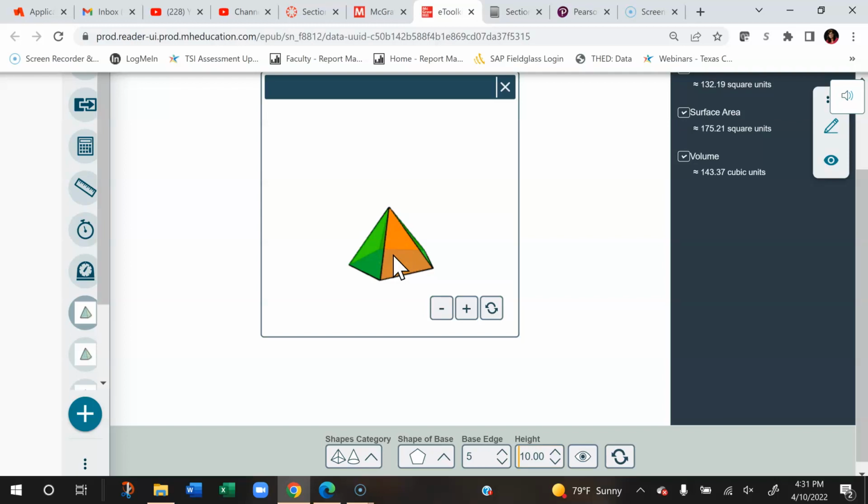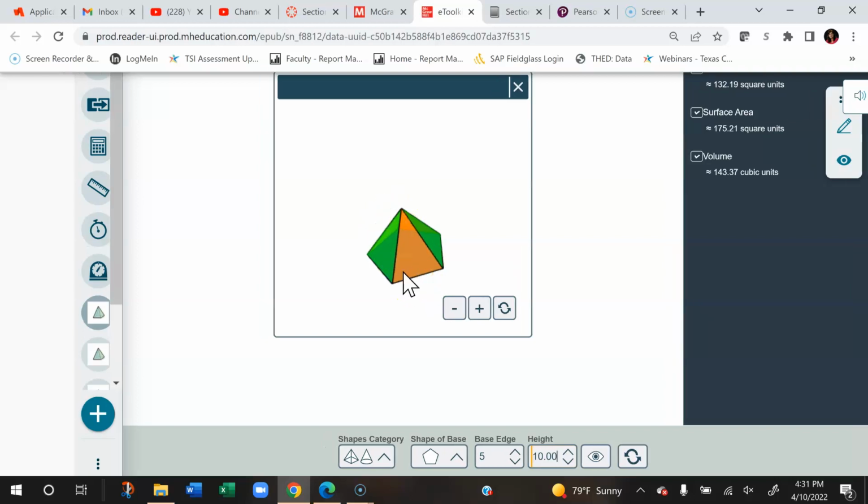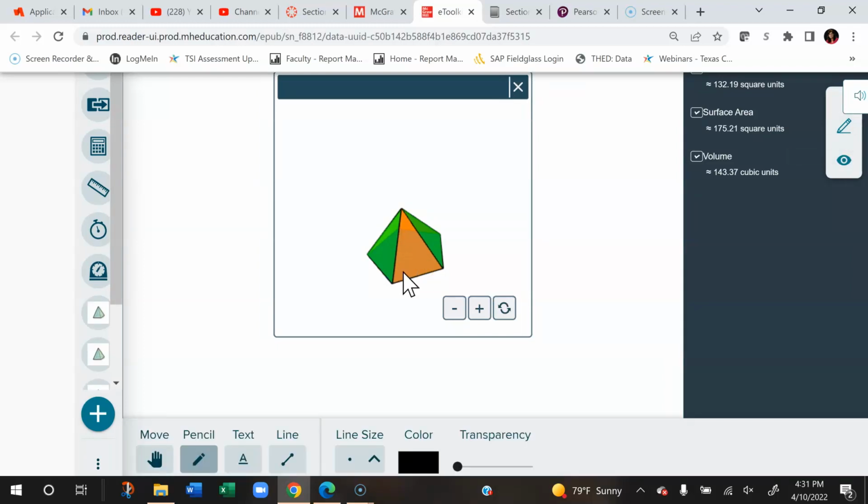Now, this right here, let's see here, this is a base edge and a base edge. The height right here, and I'm going to come over here and draw a line. I'm going to draw a line from here down. Okay, notice I'm drawing a line in the middle here, and I'm going to create a right angle here.